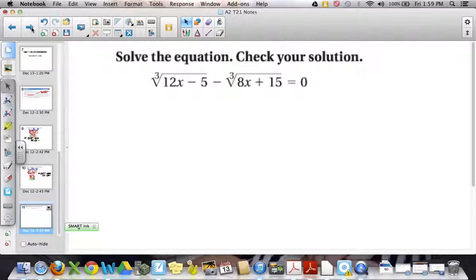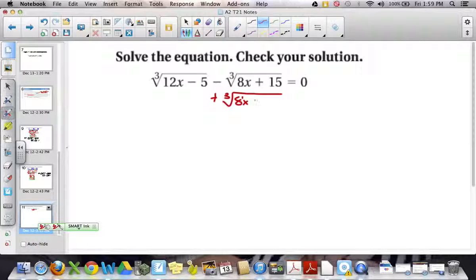All right, moving into our final example. This time we have two radicals on the same side, which we don't want. So the first step is going to be to get one of those radicals to the other side. So what I'm going to go ahead and do is add the cubed root of 8x plus 15 to both sides of my equation.